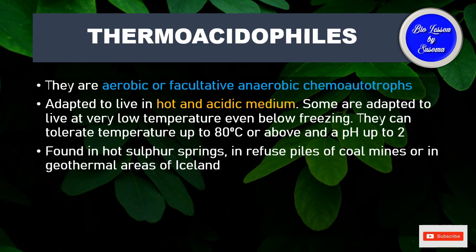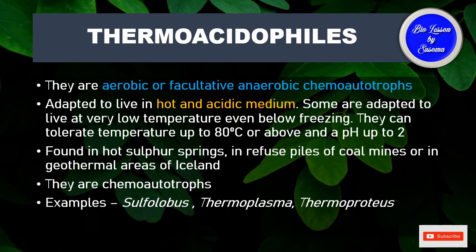They are found in the hot sulfur springs, in the refuse piles of the coal mines, or in the geothermal areas of Iceland. They are chemoautotrophs. Now examples of thermoacidophiles are Sulfolobus, Thermoplasma, Thermoproteus.